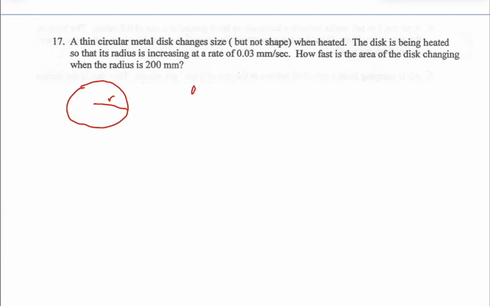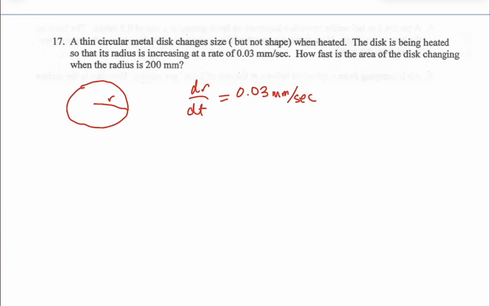So dr/dt is 0.03 millimeters per second. Now I know it's positive because it said that the radius was increasing. So that's where it tells you to use the positive. So all I've done is I've made a circular shape and I've gone from the second sentence where it says the radius is increasing. So that's a dr/dt.